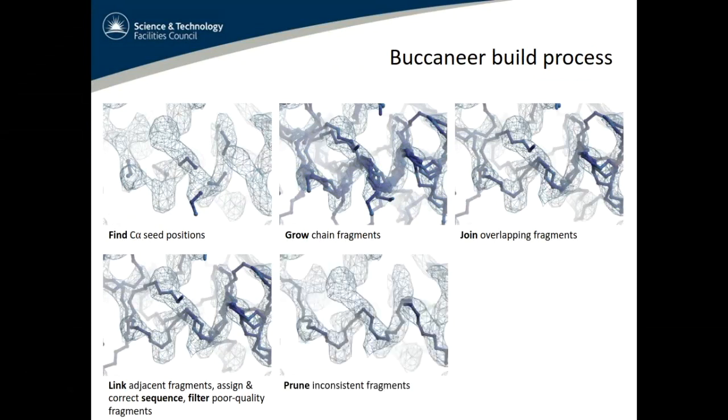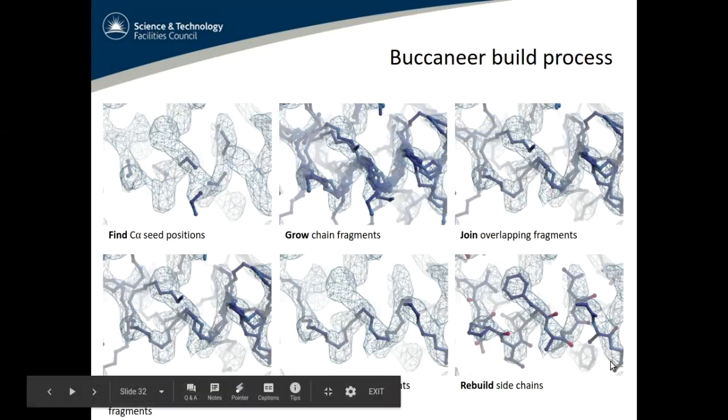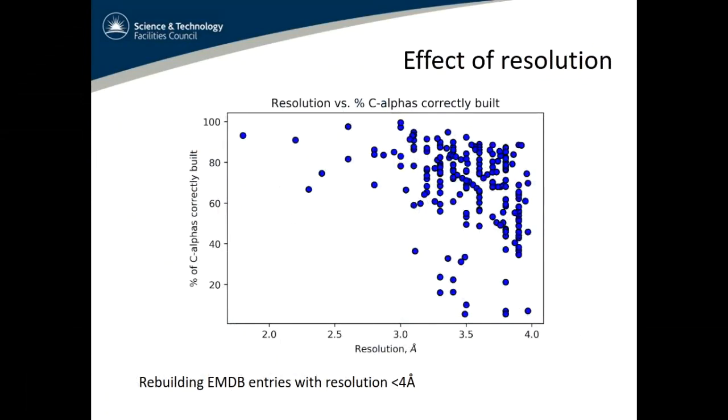It filters away the poor quality ones, prunes away the ones that are inconsistent with the rest, and you can see now we've got a backbone that looks pretty good, and finally it builds in the sidechains. You see here how we've gone from an initial density map with nothing to a model that actually looks pretty reasonable, and the program's just done all that for us, so it's very nice.